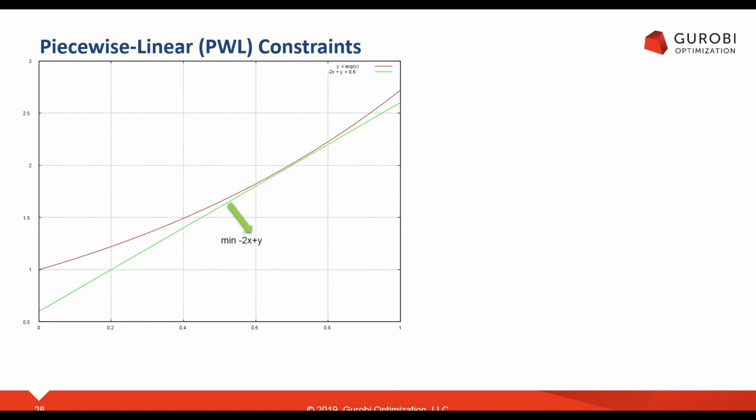So this red curve here is the exponent function, and the green line, those are all points that have the same objective value, in this case 0.6, and your goal is to drive the objective to the lower right, because you have a negative objective coefficient for x and a positive coefficient for y.